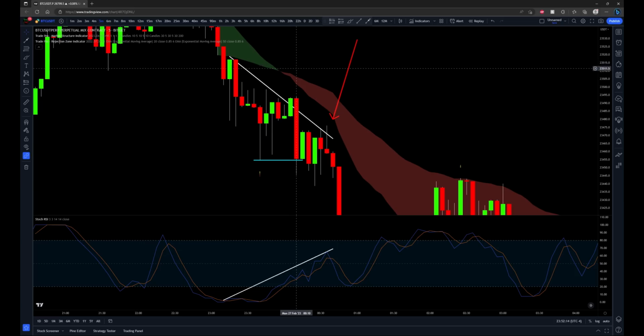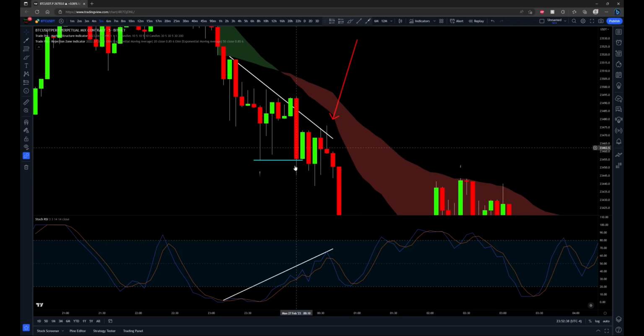We have a red cloud here telling us to look for a short setup. The short setup is made up of a bearish market structure break, which happens on this candle here, as determined by this intermediate term low, which the Trade Pro market structure indicator is marking. So we have an intermediate term structure break right here.